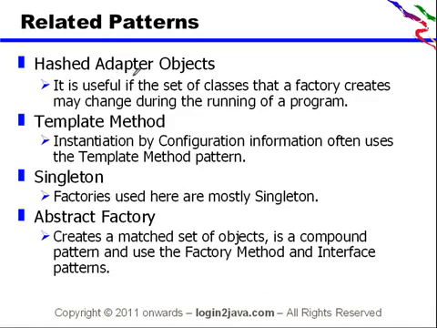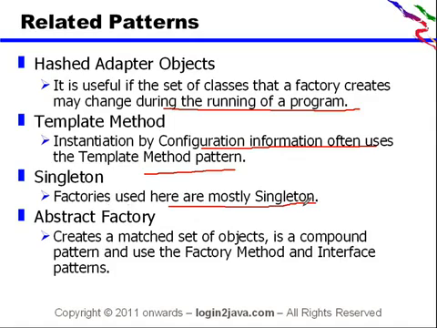Related patterns are the hashed adapter pattern, hashed adapter objects. It is useful if the set of classes that a factory creates may change during the runtime of the program. Template method: instantiation by configuration information often uses the template method pattern. Singleton: factories used here are mostly singletons.